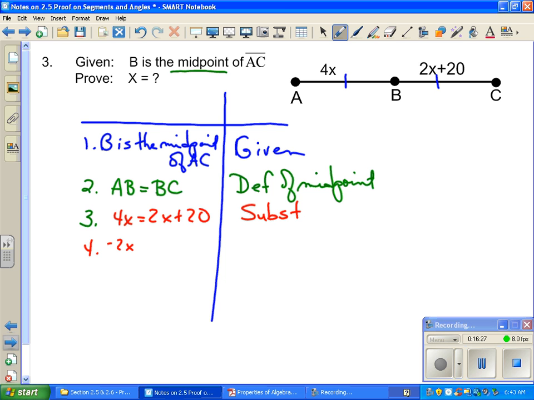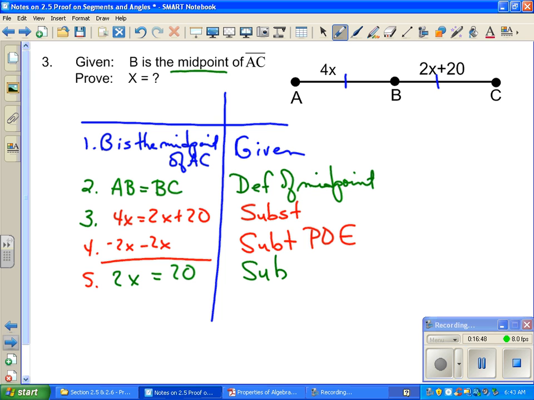So let's subtract 2x from both sides. So I'm using the subtraction property of equality so that I can subtract 2x and get 2x equals 20. Now I have done 4 minus 2 is 2, so I have substituted my answer in for what I get from subtracting.